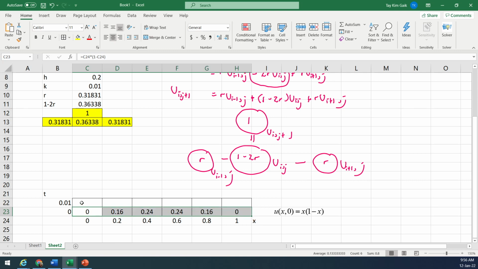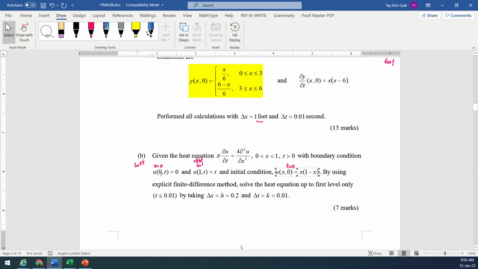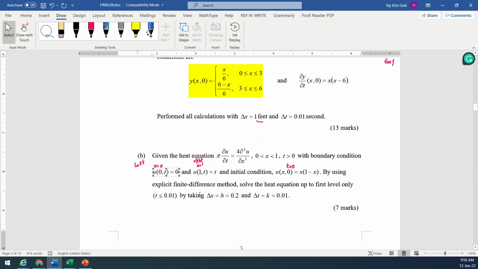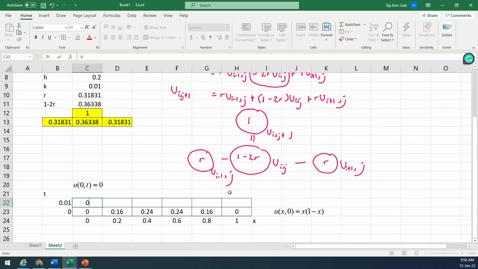And then u(0,t) equals 0, this is the left boundary, the left side equal to 0. And then u(1,t) equals t, meaning when x equals 1 for all t, u is equal to t. So here t0 is equal to 0, and then equal to t.